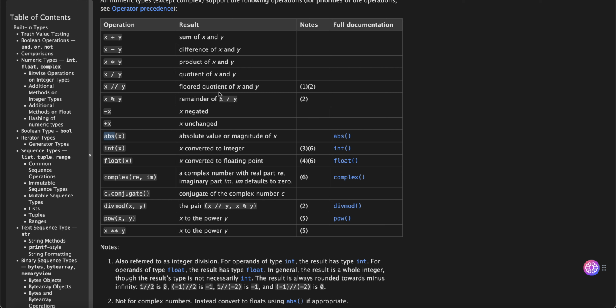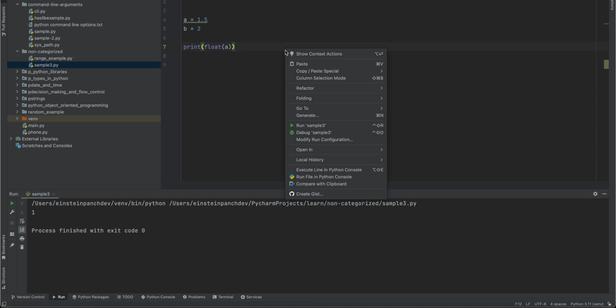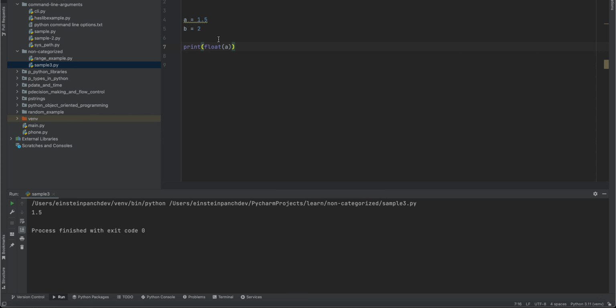Okay, int(x), for example, we store a floating point number 1.5, and here we say int, it will convert to integer, that is 1. And if we say float, it is already float, so it will print 1.5.